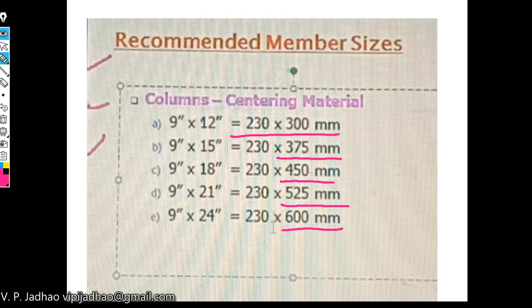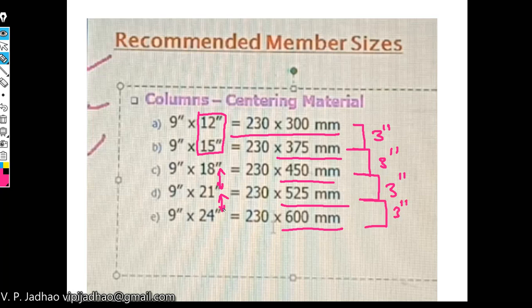One thing you can note is that the basic difference between these sizes is 3 inch. The difference between 12 and 15 inch is 3 inch, between 15 and 18 again 3 inch, between 18 and 21 again 3 inch, and between 21 and 24 inches again 3 inch.